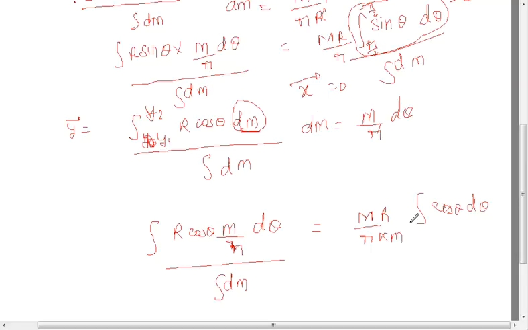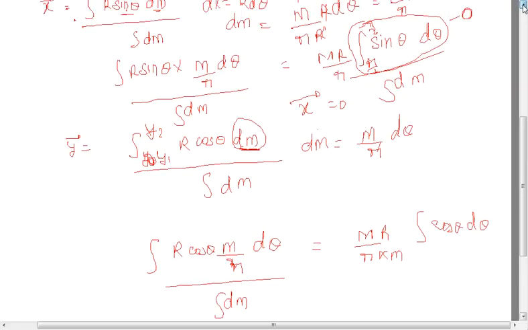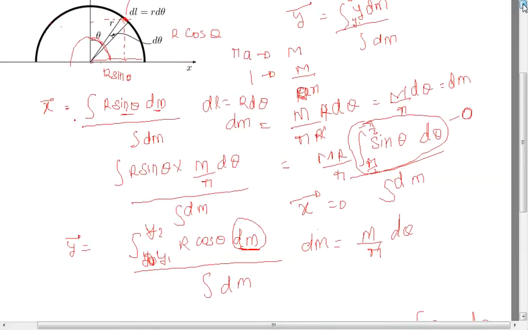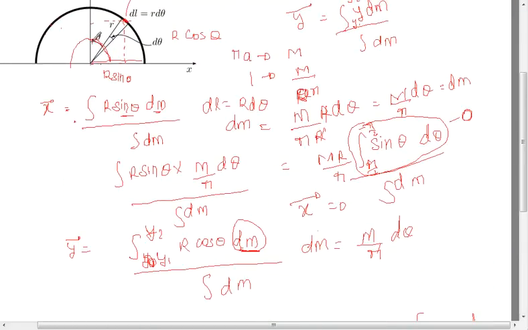If you want to cover the whole mass, then you have to move theta from pi by 2 to minus pi by 2. Let me write down, we have to move from pi by 2 to minus pi by 2.